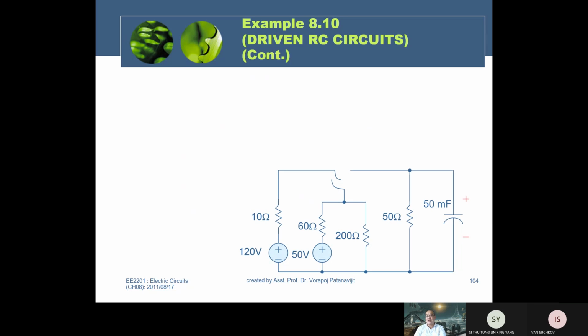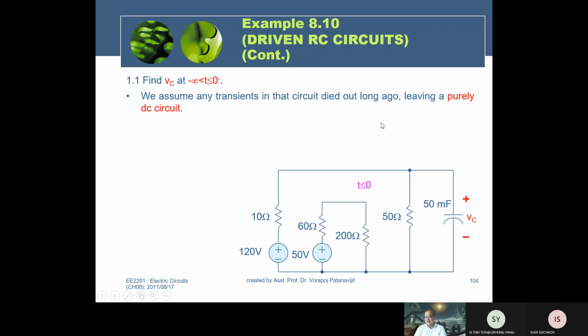We start with the first one: we determine VC at time less than 0, with the switch pressed in this position. To make it clearer, we will redraw the circuit. The 250 volt part of the circuit does not affect the VC structure, therefore you can eliminate this part.